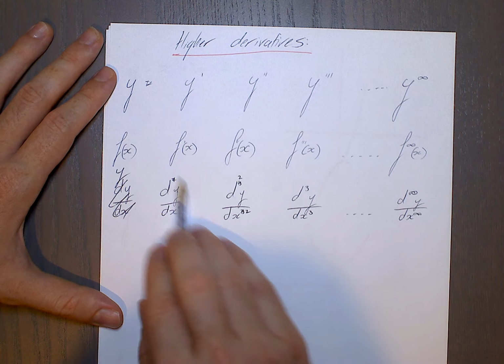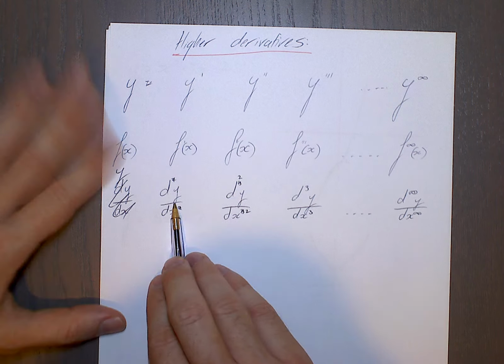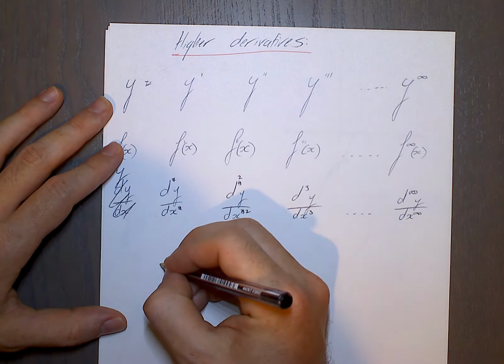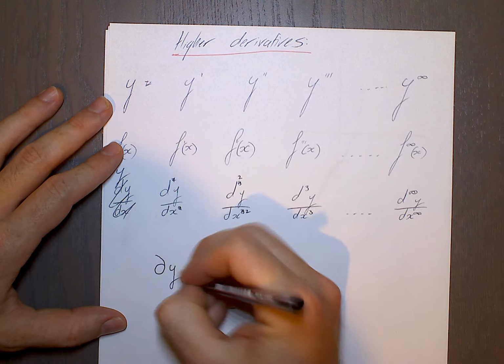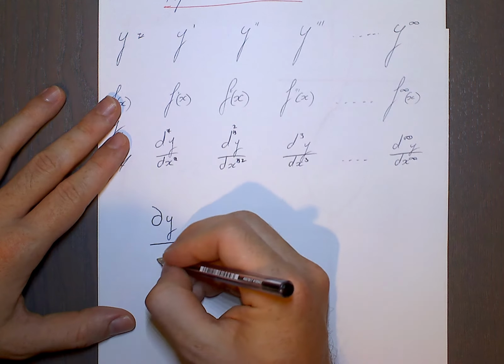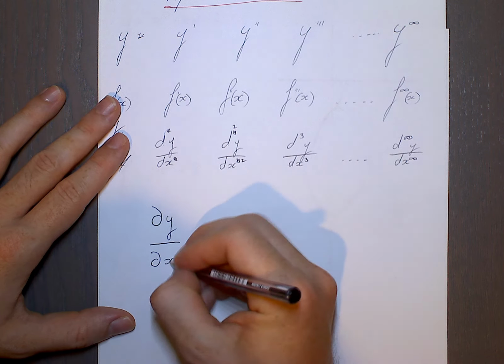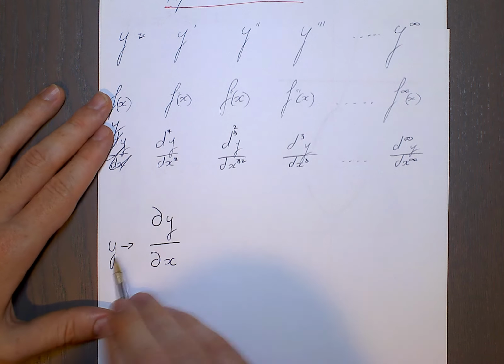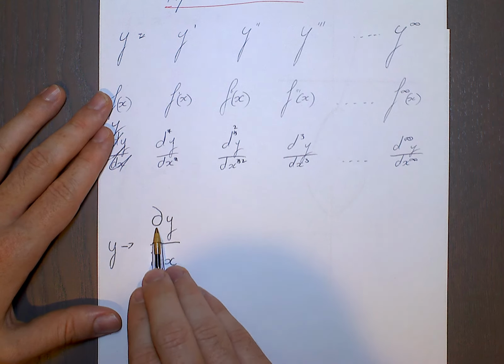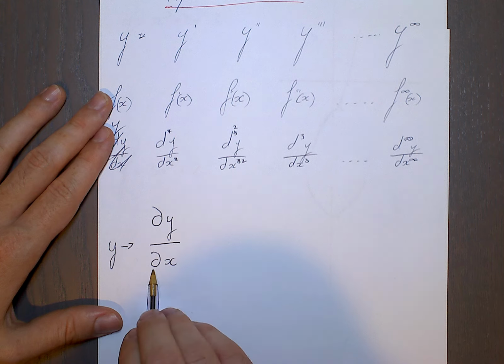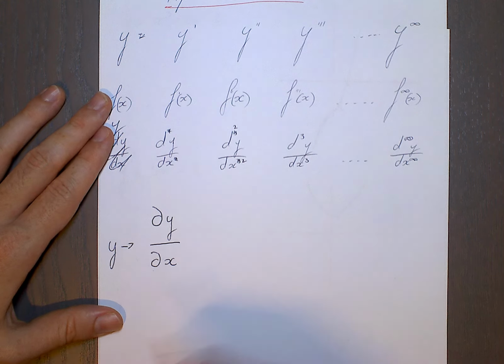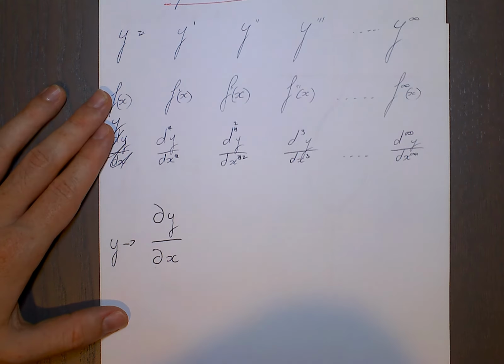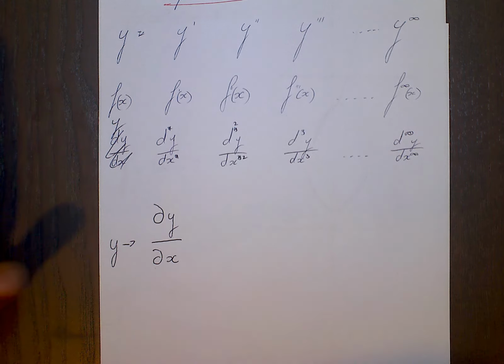Now, just to help you understand what this is, I'm going to write it out in its old form. The differentiation of y with respect to x. That is, we're differentiating the function y with respect to the variable x.